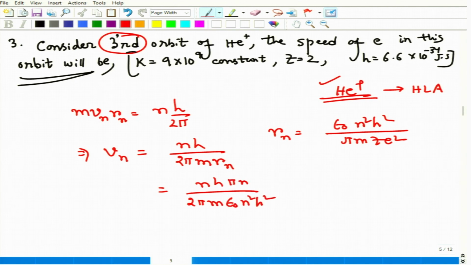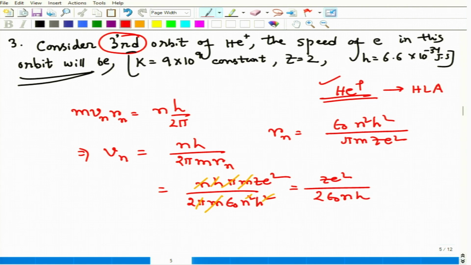Correct. So now what will be cancelled? Pi will be cancelled. So it will be Z square divided by 2 epsilon naught nh. So you can write that.